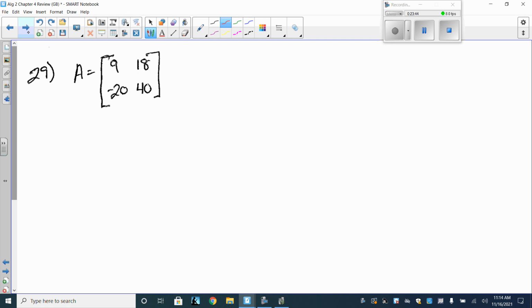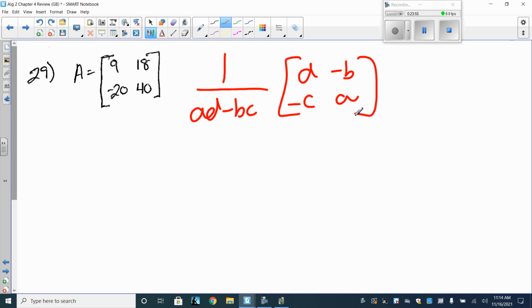It can't be 0 because in our formula it's 1 over AD minus BC times D, negative B, negative C, and A. Because this here is the determinant. We can't have it be 0. We can't divide by 0.